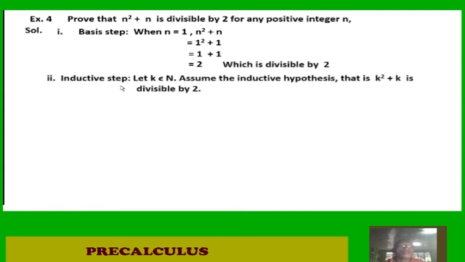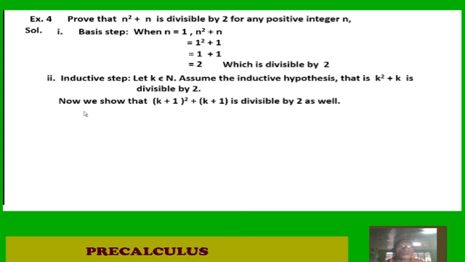Next, inductive step. Let k be an element of natural numbers. Assume the inductive hypothesis, that is, k squared plus k is divisible by 2. Now we show that k plus 1 squared plus k plus 1 is divisible by 2 as well, meaning we replace n with k plus 1.